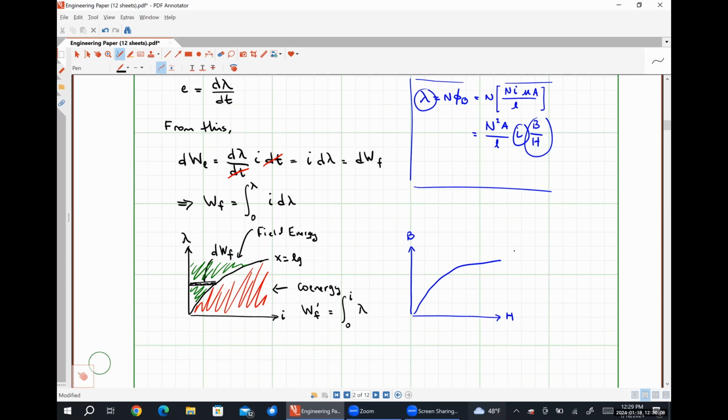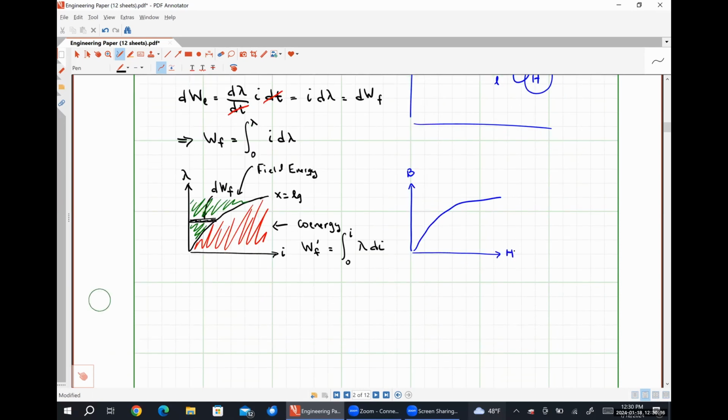While we're working on this relationship right here, let's talk a little bit more about these flux linkage current curves. So hopefully it's fairly obvious that these curves depend on the BH characteristics of the medium that we have, which I've already talked about.